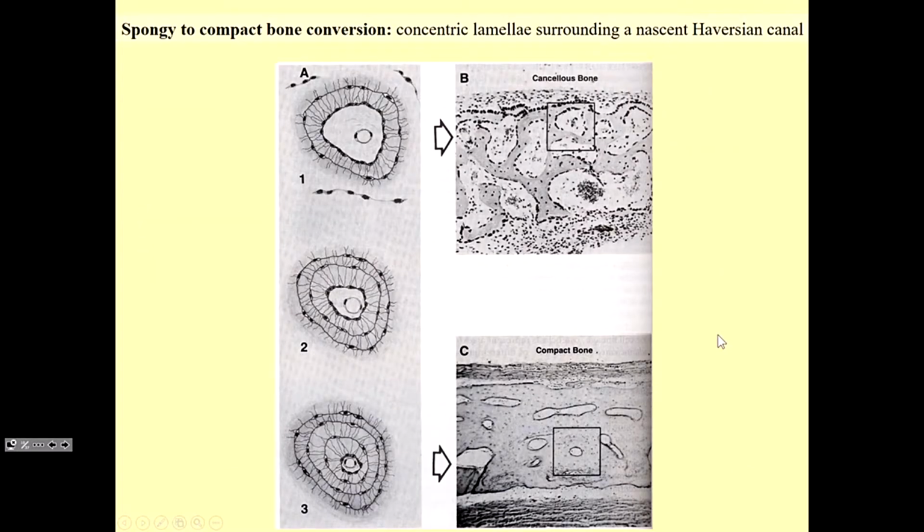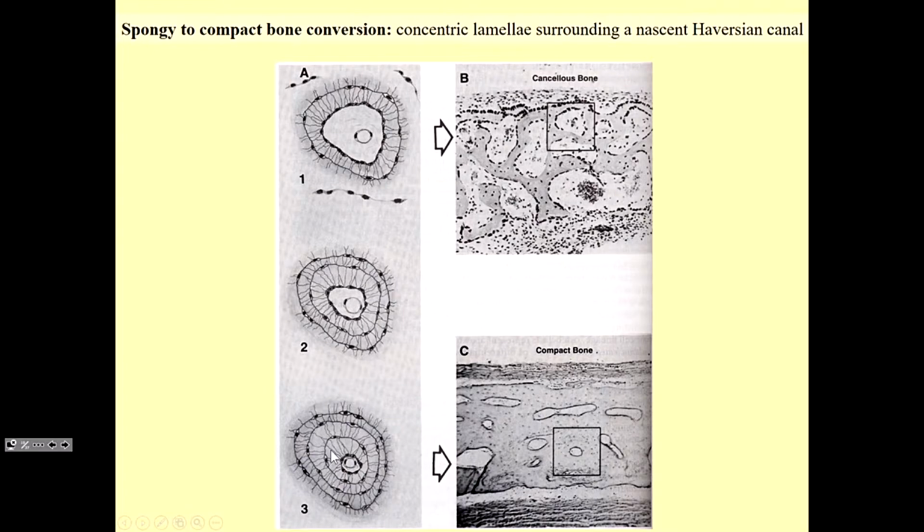Okay, so now sometimes spongy bone can become compact bone. And this occurs by the spongy bone spicules and trabeculae fusing and trapping a blood vessel. And then you can get a circumferential deposition of more bone by the osteoblasts on the inner aspect, forming the circumferential lamellae. So then there's one ring here, two rings here, three rings, and so on.